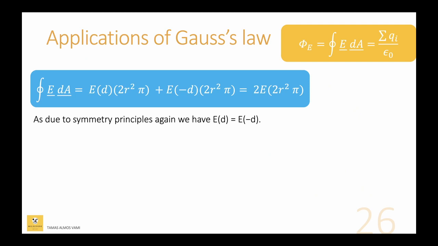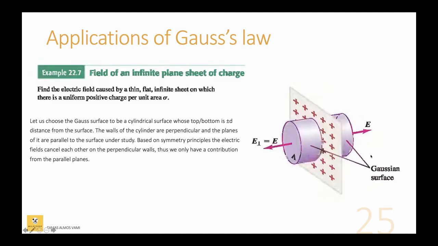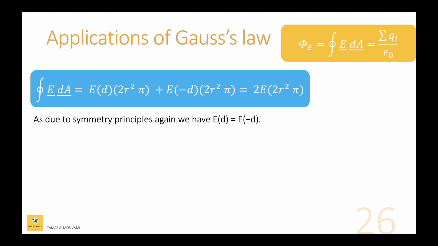So we are having two contributions to the electric field, one on the plus d side or minus d side, and the other on the minus d side or the plus d side, depending on which direction we call minus. So when we take the flux calculation with the integral, we have two contributions, E times A on the left and E times A on the right.